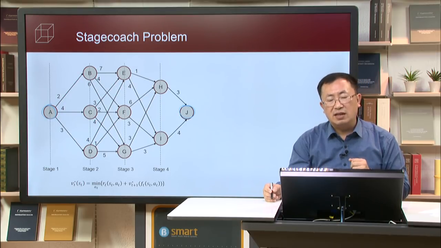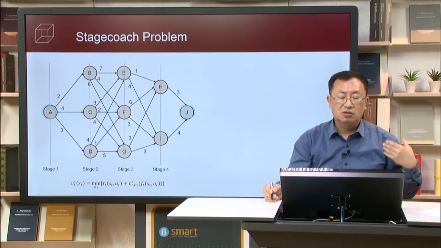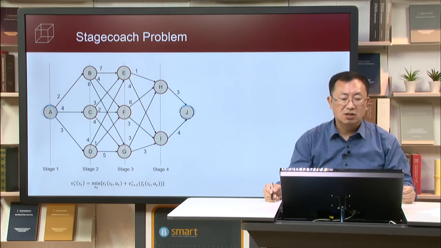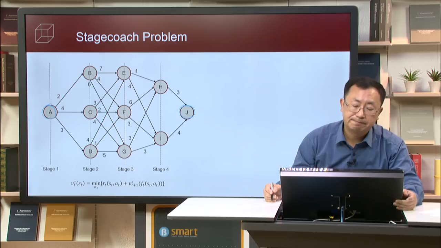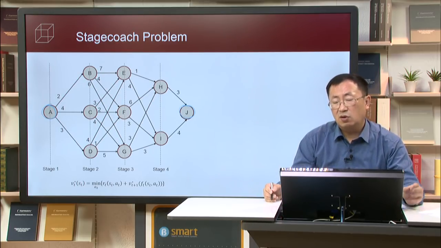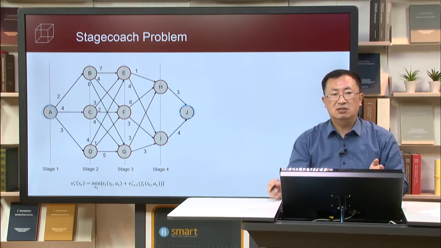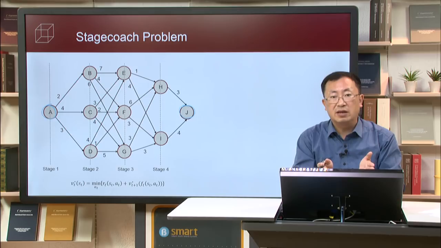But instead of doing that, we try to walk backward in time to find the optimal solution for this stagecoach problem. In stage 5, there is only one state, J, the destination, so there is no decision to make.